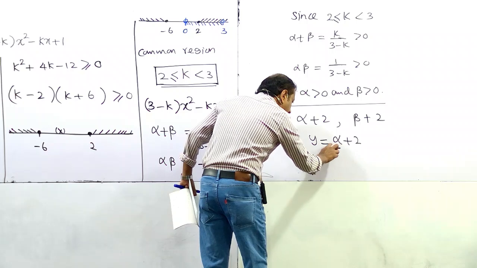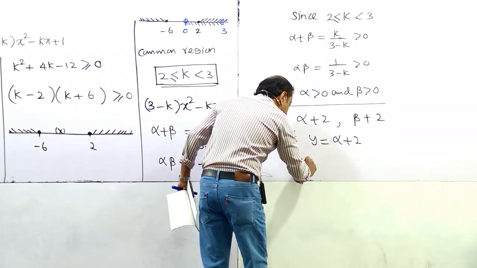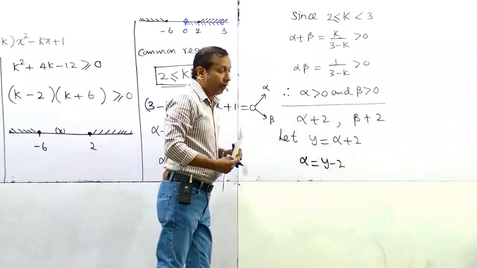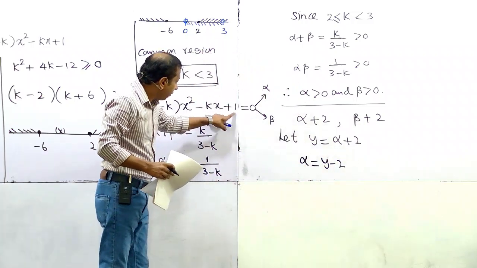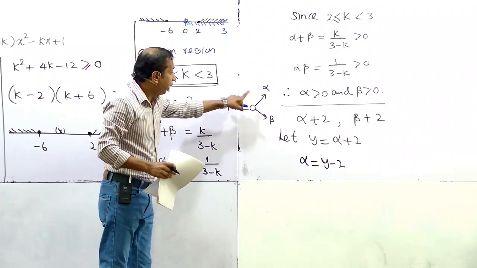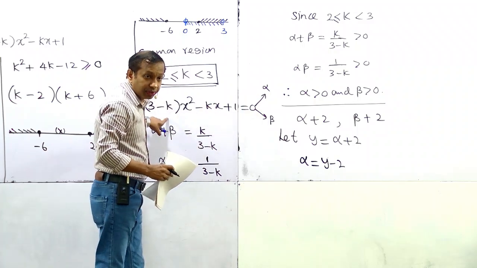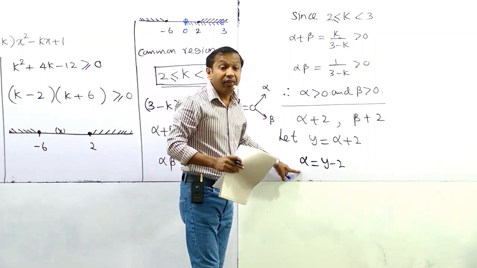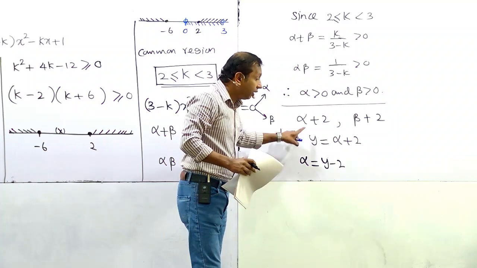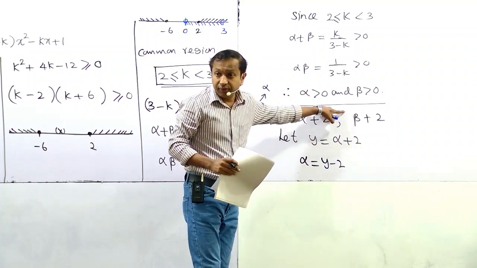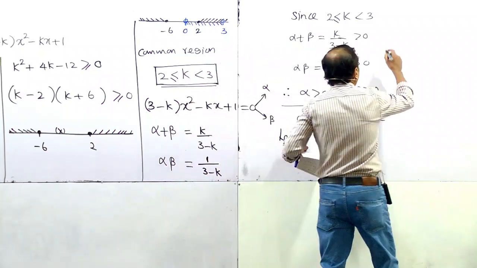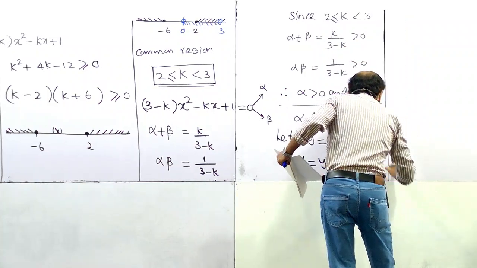This gives alpha equals y minus 2. Now, this alpha is a root of this equation, so alpha should satisfy this equation. Then we get a quadratic equation in y. That is the required quadratic equation whose roots are this and this. Understand? Go through the notes, this theory is available.